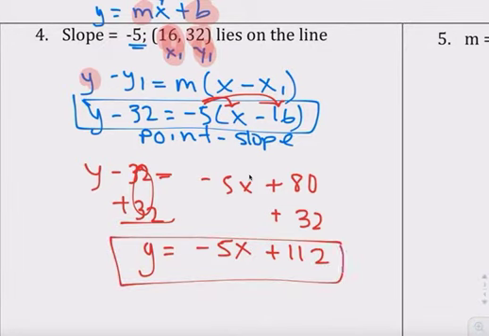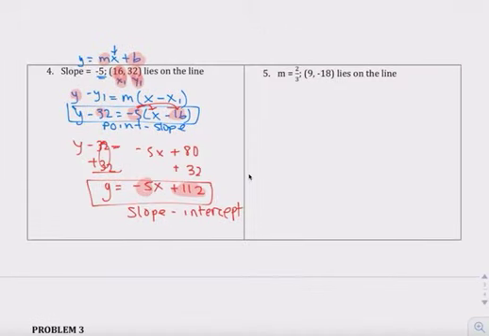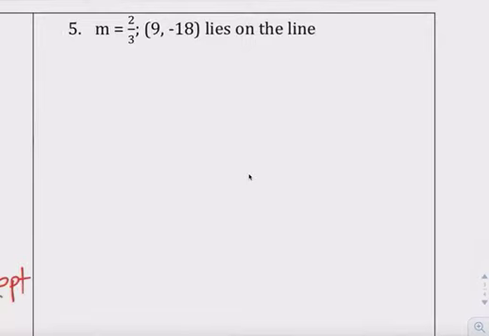And this is called slope intercept, because there's the slope and there's the intercept. There's the point and there's the slope. Point slope. Okay, next one, same thing.